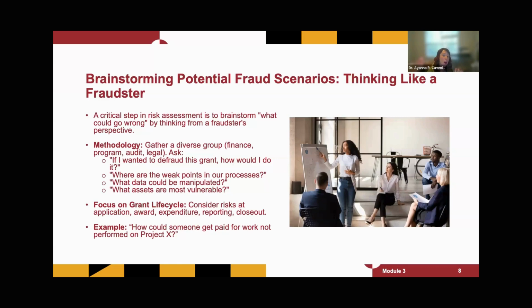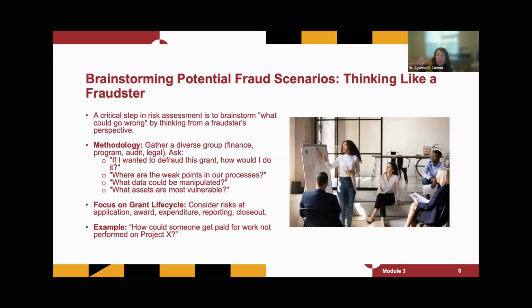For example, how could someone get paid for work not performed on project X, like that cleaning example where we had some type of discrepancy in the identification of the type of task they performed, an inflated invoice amount, and we needed to at least flag that in red ink that said, I'm going to look at this later, maybe in the aggregate combined with all of the other reasons for doing some additional investigation. Or I'm just going to pick up the phone right quick and ask a few key questions that might lead me down a different path.